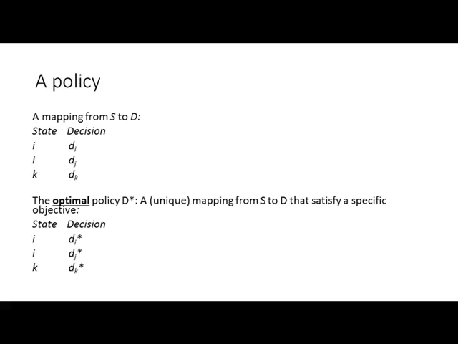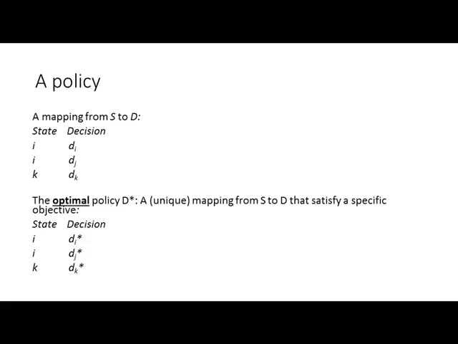So that's important. And now I want to briefly talk about policy. What's a policy in Markov decision process? It's very simple. It's just a mapping from state to decision. So if you just have 3 states here, one policy could look like this. For state i, your decision is d_i. For state j, your decision is d_j.